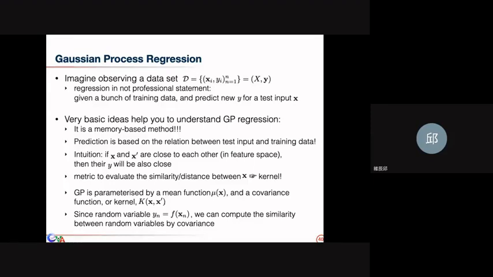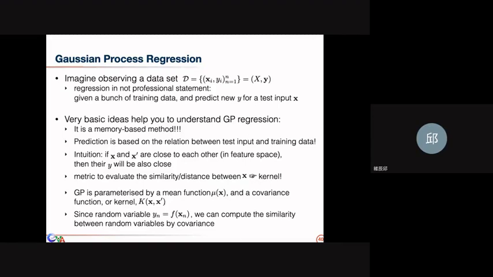Because of this intuition, our regression model is defined based on the relation between the data points. So you need to define a metric to evaluate the similarity or the distance between x. And this is actually the kernel, because you can use the inner product to compute the similarity in the feature space.